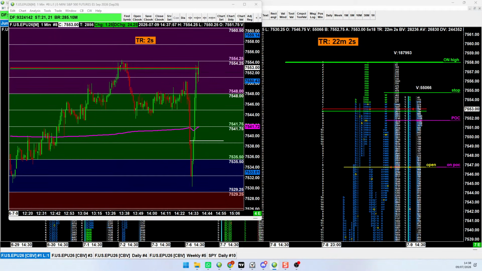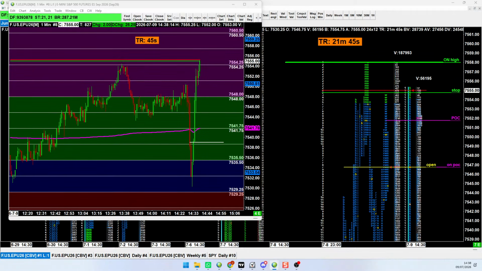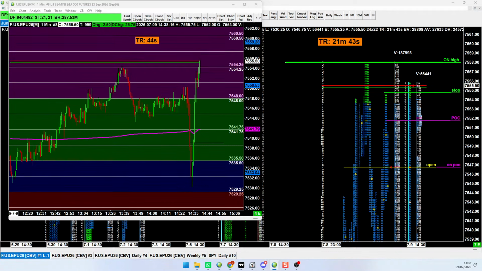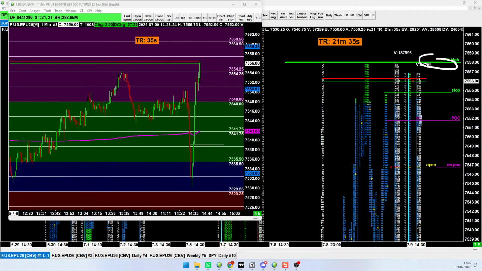Looking for that 55 stop. Alrighty. That dip under VWAP got a lot of people short, because remember the series of liquidation. Here we go. There's that overnight high.